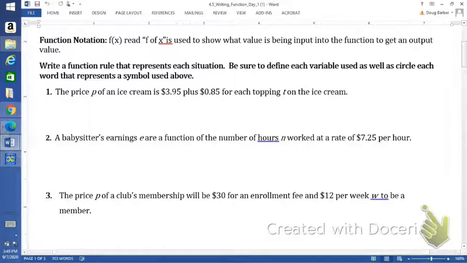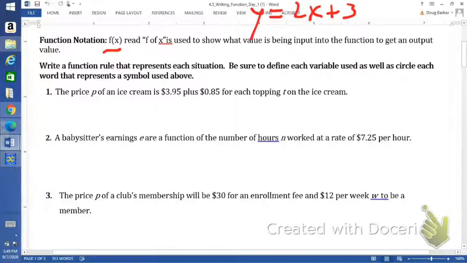Okay, function notation. This right here is read f of x. It is not read f times x. Okay, two different things. And this is used to show what value is being input into the function to get an output value. So if we have an equation y equals 2x plus 3, you guys have all seen that equation.